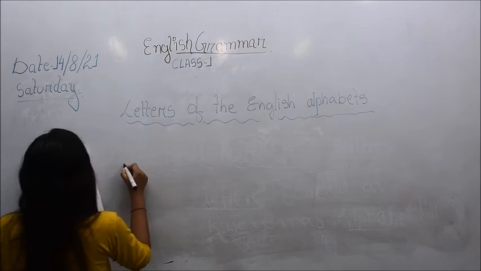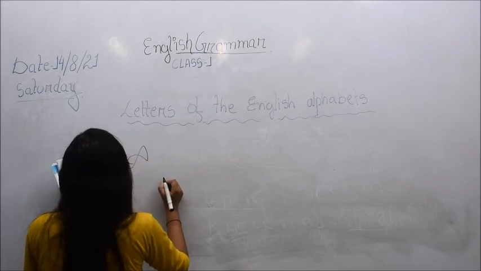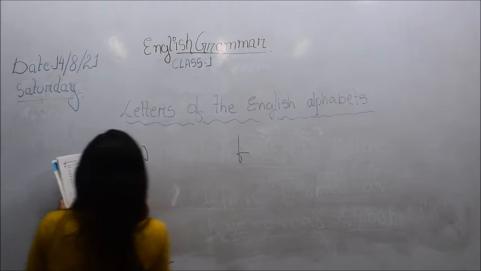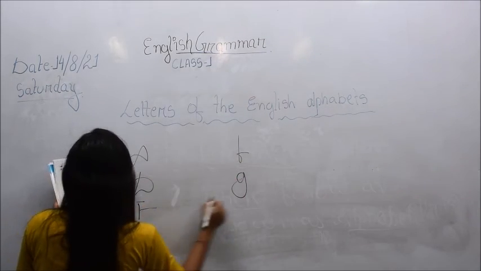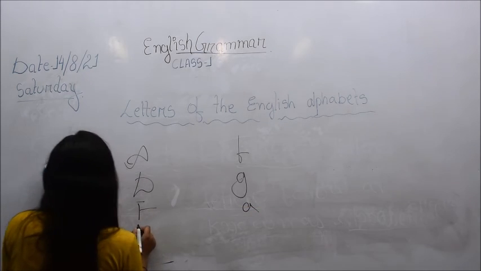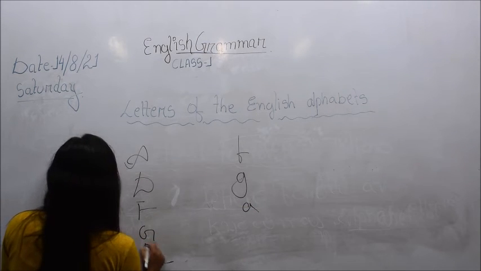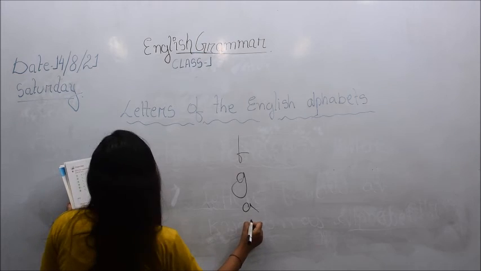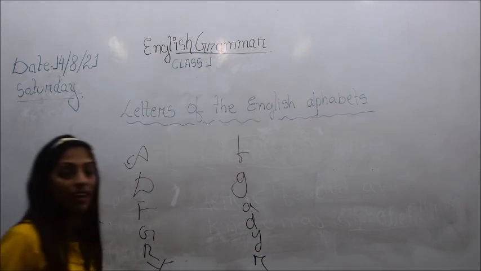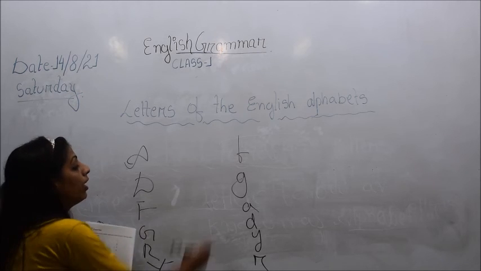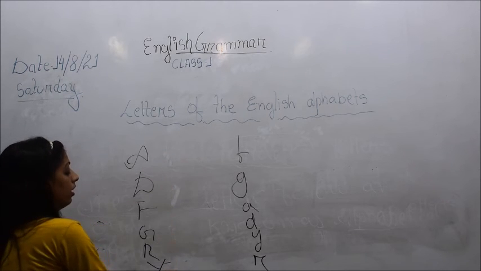Here it is written in capital form: A, then F, D, G, then F, A, then G, R, Y, and here it is D, Y and R. So you have to identify the lowercase of all these capital letters.